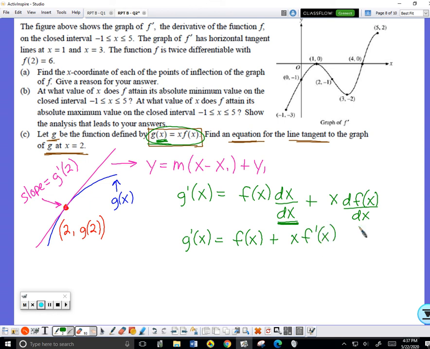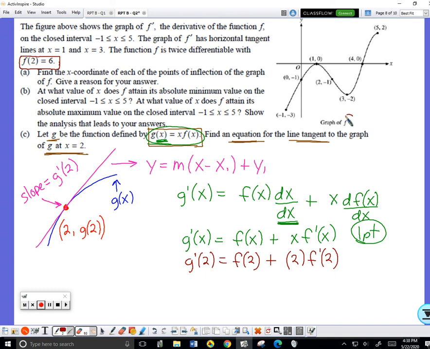Get that far, they'll give you a point. Now we've got to go find g prime when x is 2. So g prime when x is 2 is going to equal f of 2. That's why I boxed this, so I wouldn't lose track of it. Plus, the x value is 2, f prime of 2.